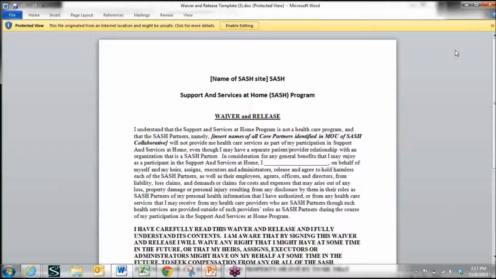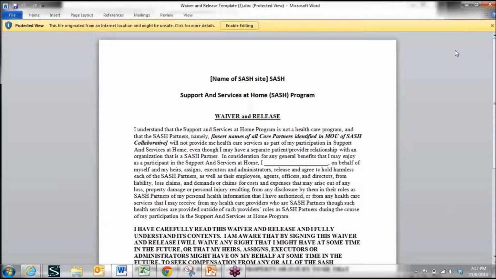So, by signing this waiver and release, your participant is not signing away their ability to sue or go after that organization that the physical therapist works for. They're not signing away their ability to sue for damages. What they are doing is holding the other partners to the SASH collaborative harmless.